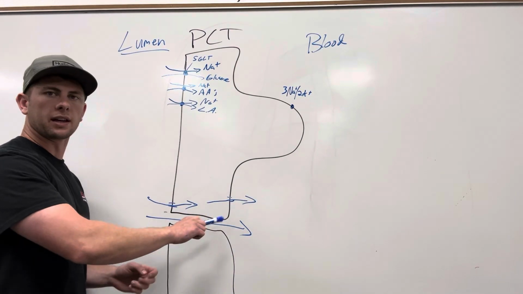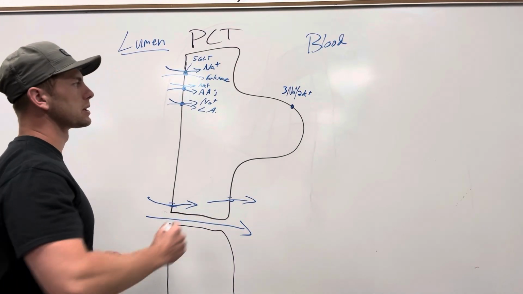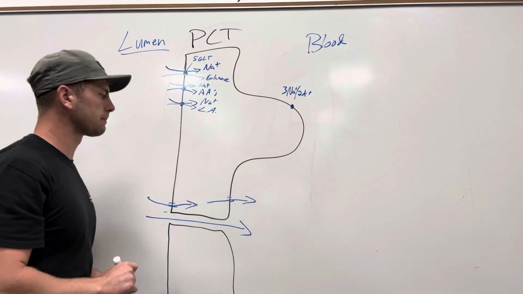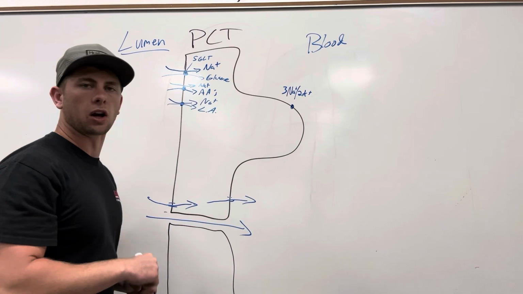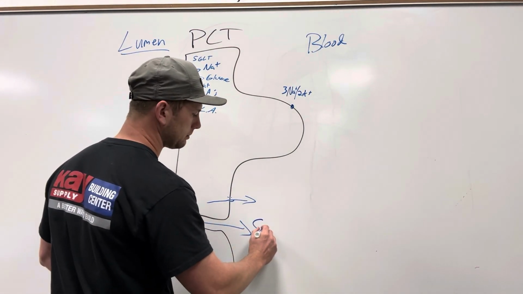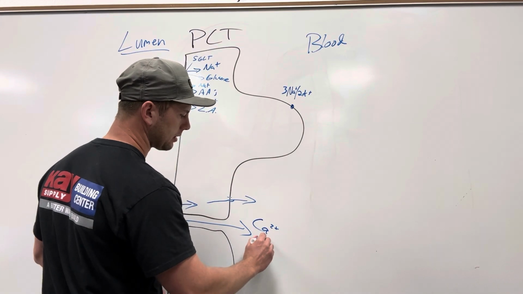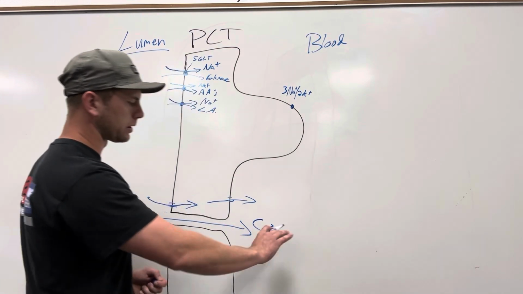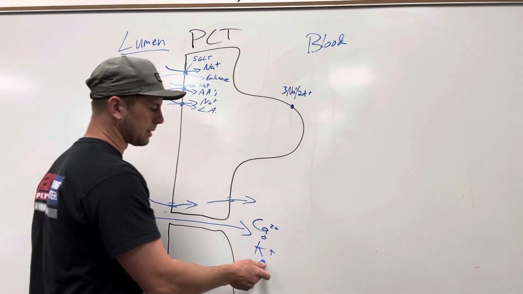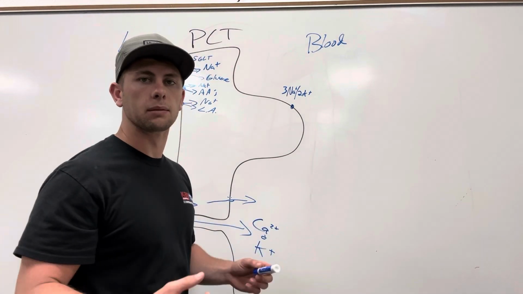And what's cool about this is, with our pump, we've set up a gradient of a lot of sodium, so water will follow sodium. But there's something called solvent drag, and this water will actually drag calcium and potassium in with it. So that's another way we get calcium and potassium reabsorbed back into the blood.